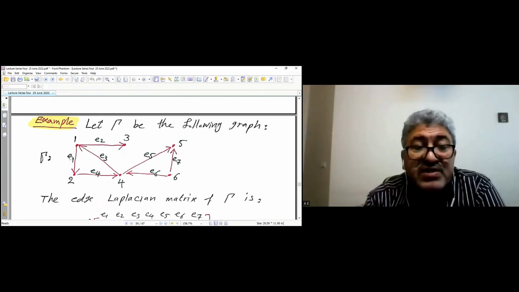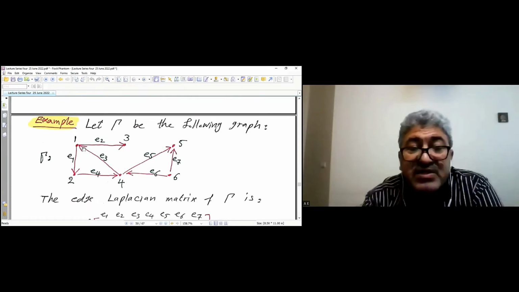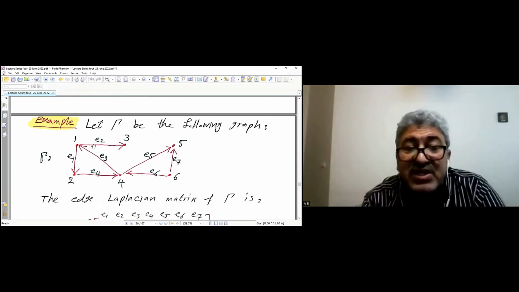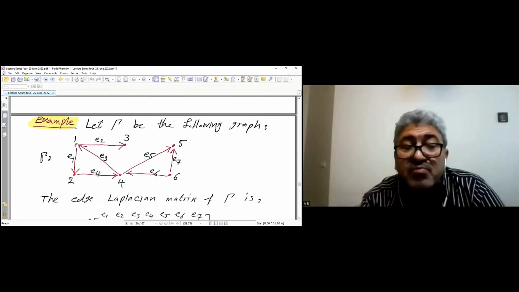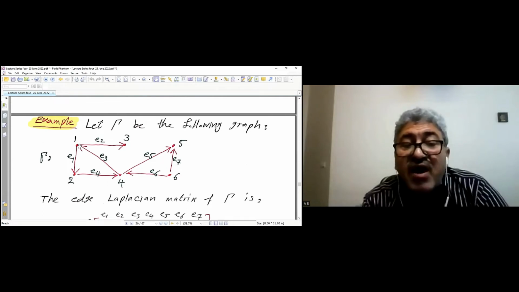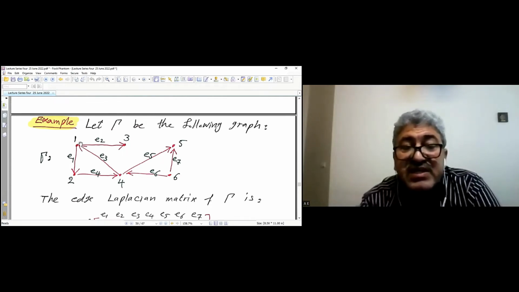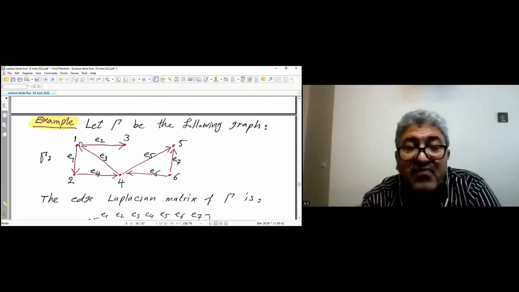E1 and E2 have an intersection, so it's not 0. You can see E1 and E2 are both going out from the intersection. So that's case 1 of these positions.